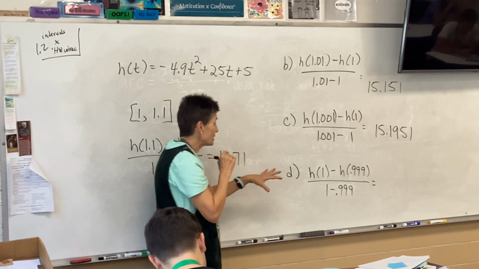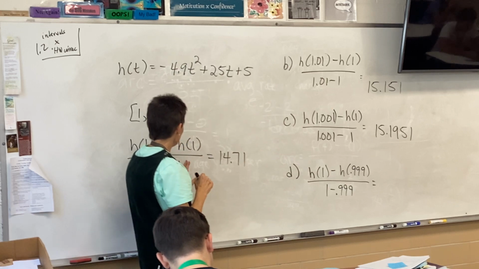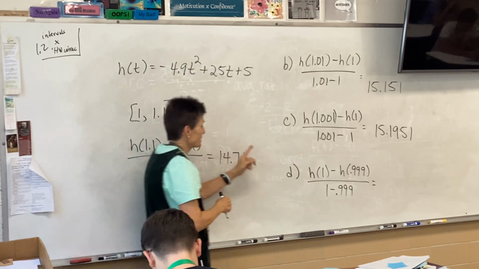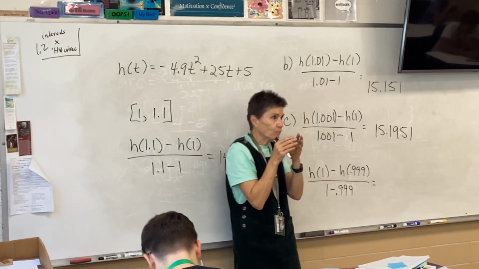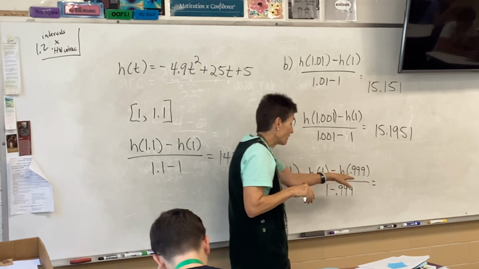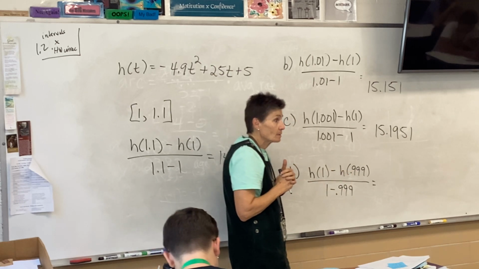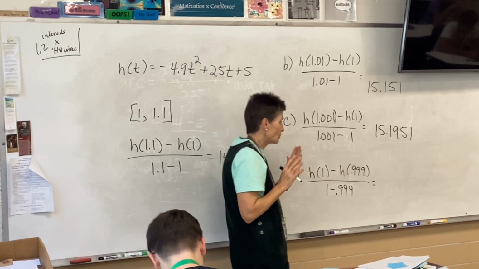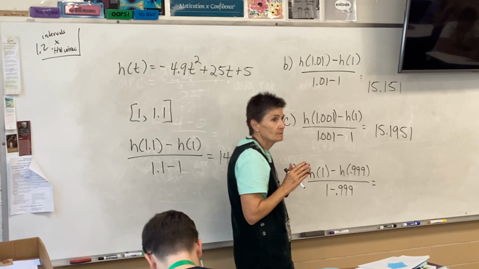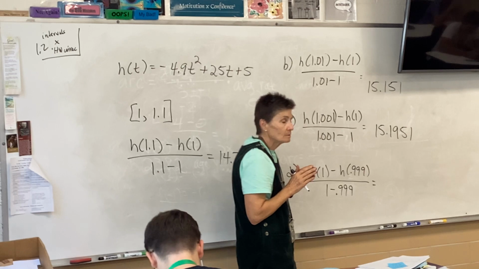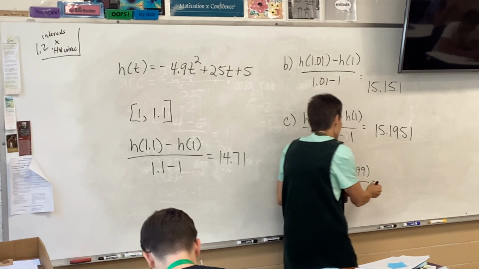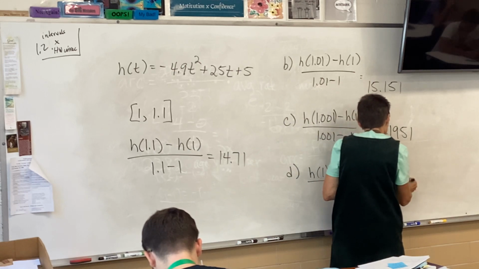Now, did you notice that these intervals were from 1 to something a little bit bigger than 1? But this last one is going the other direction, from a little bit less than 1 to 1. Anybody got that one? It's a negative. Oh, no, not negative. Shouldn't be negative. 15.2049.